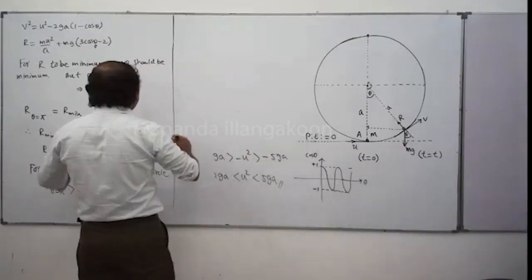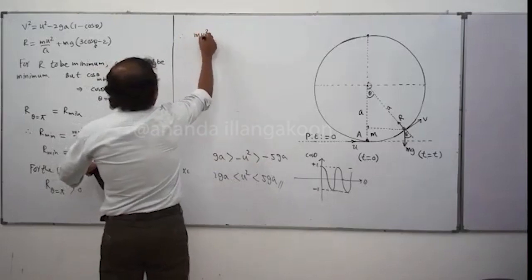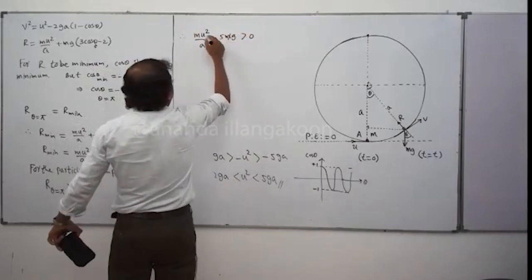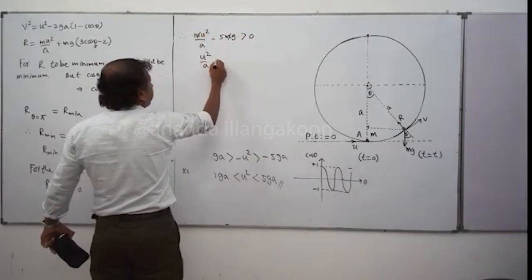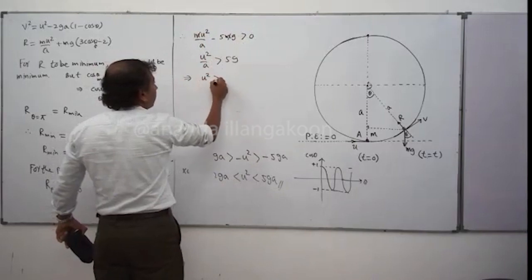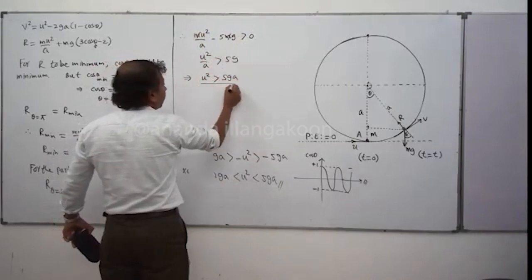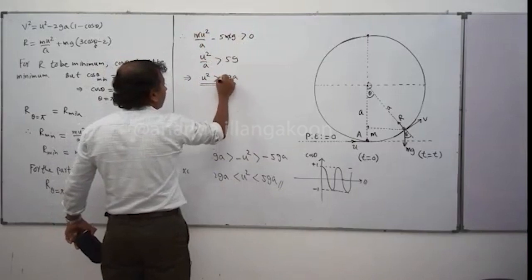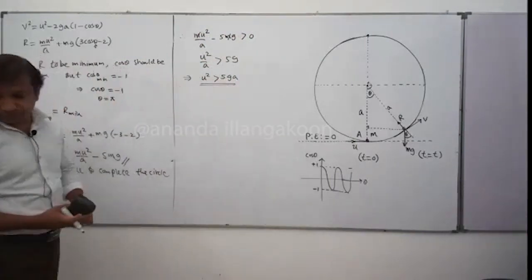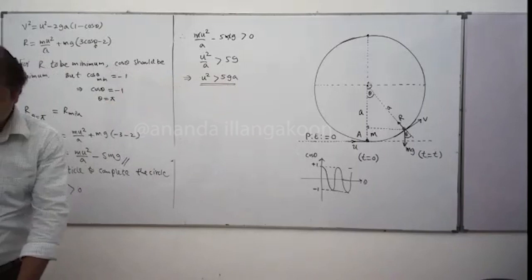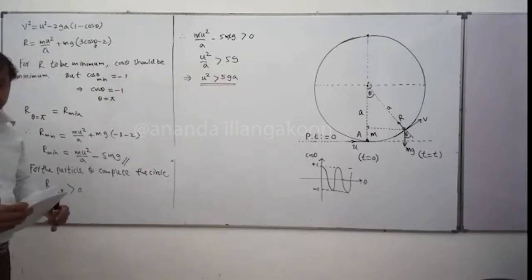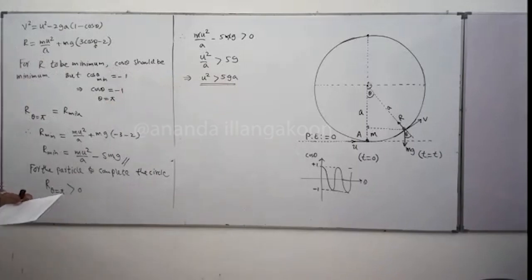It is this, no? Therefore, mu squared upon a minus 5mg should be greater than zero. Now u squared by a is greater than 5g, taking it to this side, u squared is greater than 5ga. Right, that's how we get that answer.